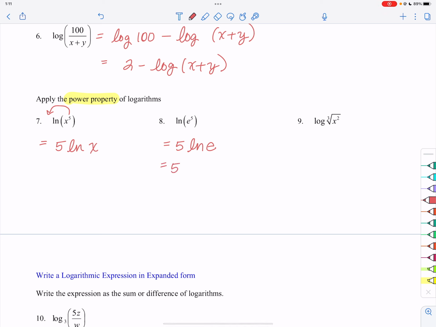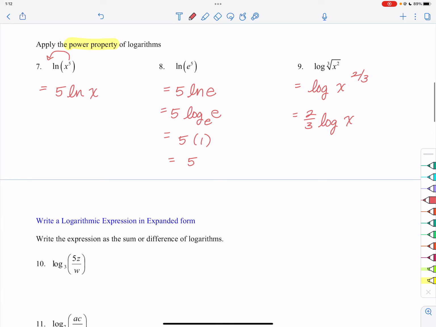Keep in mind that the natural log is the log base e, and here we have the log base e of e, and that would be equal to 5 times 1, and we just have 5. Looking at number 9, let's rewrite this as the log of x raised to the 2/3 power. Now we can bring the 2/3 in the front of the logarithm as a coefficient.